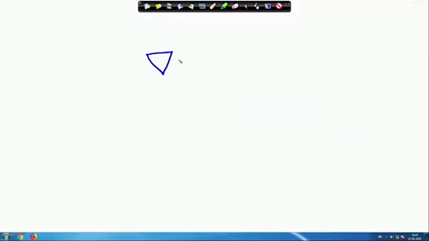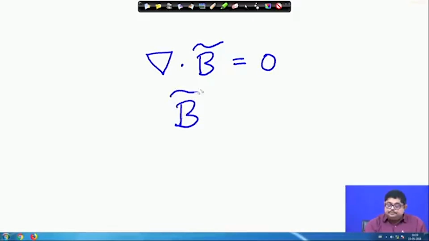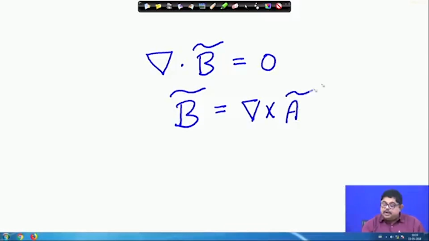So, again we look at the fourth Maxwell's equation, that the divergence of the magnetic flux density is 0. So, this was Maxwell's fourth equation. From there, from our knowledge of vector analysis, we can say that B should be expressed as the curl of a vector quantity, because we know that the divergence of the curl of any vector is 0.